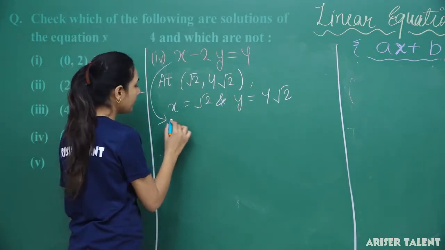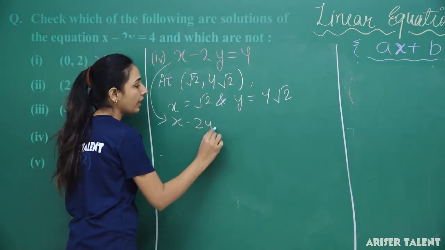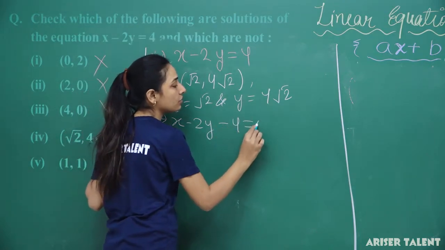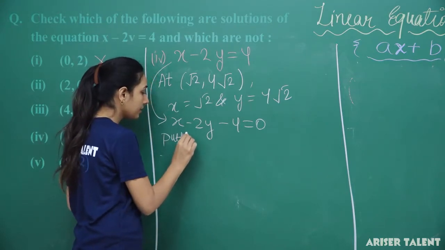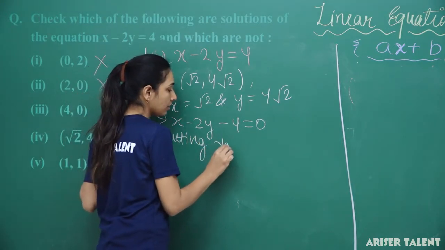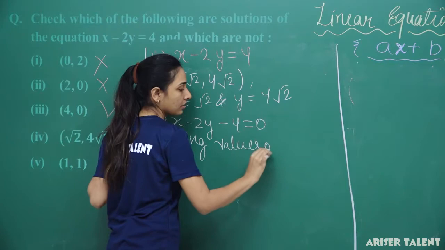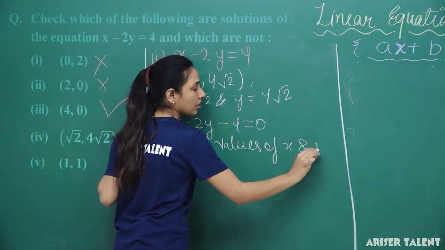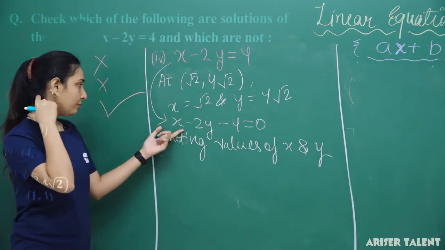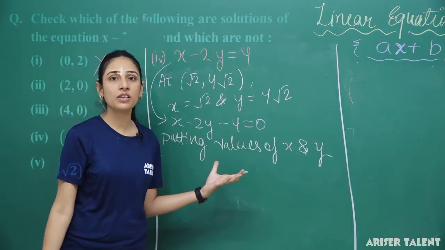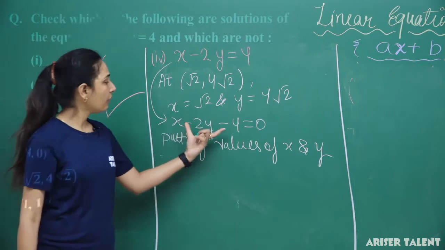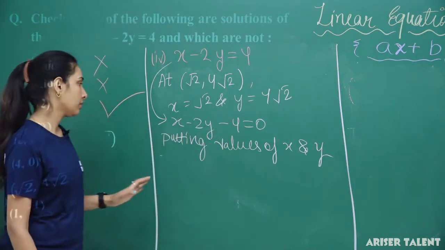This equation can be written as x minus 4y minus 4 equals 0. Putting the values of x and y, in this proper ax plus by plus c format, the value of this portion should be 0.